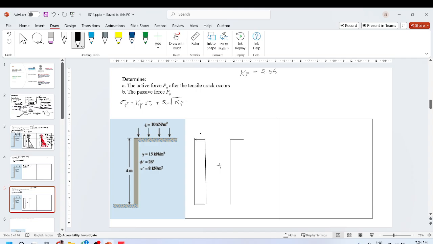So you already have Q here, 0.10, and then you have 2C root Kp here. No, it is not 4, madam. Kp into Q. It is not Ka, you have taken by mistake. Kp is 2.56, so it is going to be 25.6.